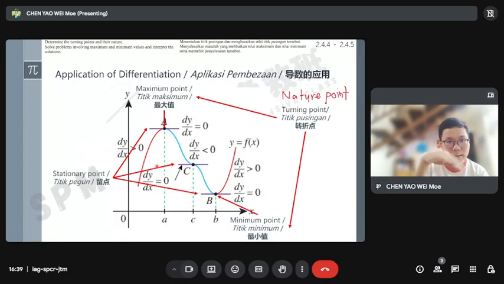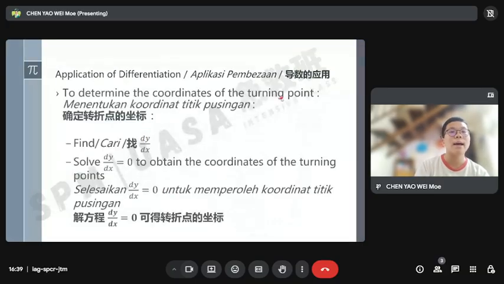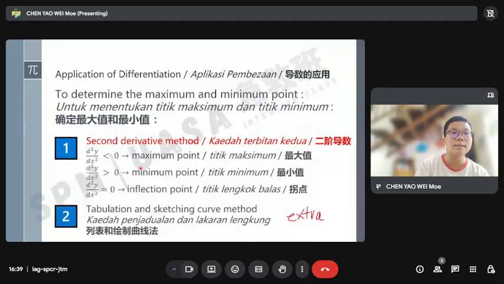If it goes down like this, the curve is like this, we call it a minimum point. To determine the maximum and minimum point, we use either the second derivative method or the tabulation and sketching curve method. I prefer the tabulation method because it is easy compared with the other. Later I will tell you. Okay, second derivative method.